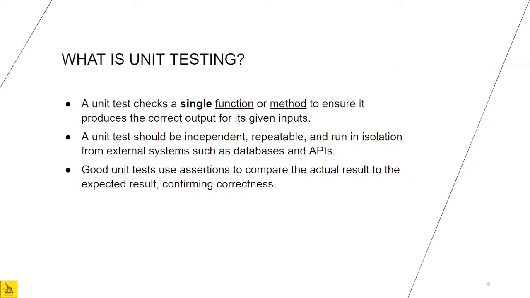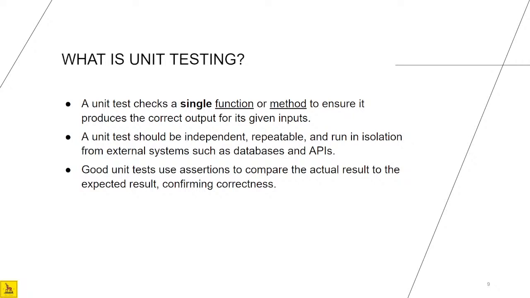Next, we're going to discuss what unit testing is. A unit test checks a single function or method to ensure it produces the correct output for its given inputs. So we could either choose a single function and test that, or we can choose a method and test that individually.